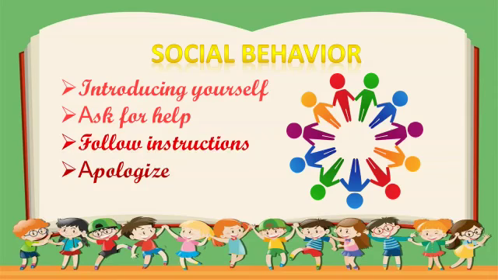Next one is follow instructions. Every kid should learn to follow instructions of parents and elders in single command. He should be taught to become attentive, which will help him in school also. Making an apology. You should learn to apologize for your mistakes as early as possible.